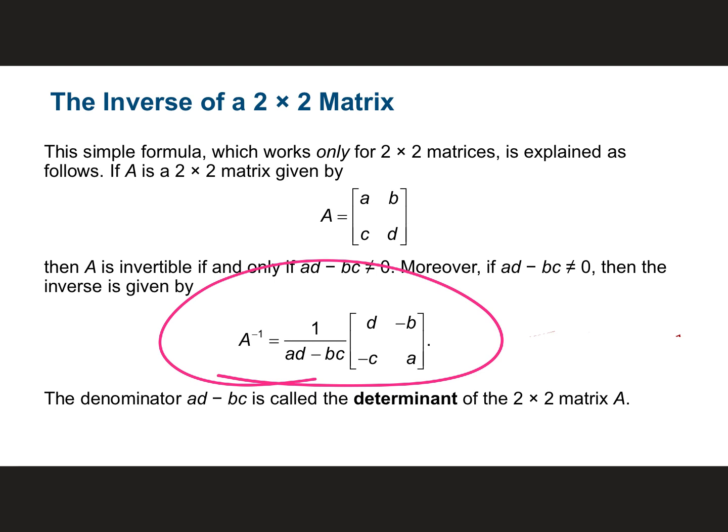You can use that, or you can first find a times d minus b times c, and then you can switch your a and your d and switch the signs on b and c and multiply your inverse of ad minus bc by that. I choose to do it that way because it's not as much work to write down, but it's your choice, whichever one you'd like to use. Okay.